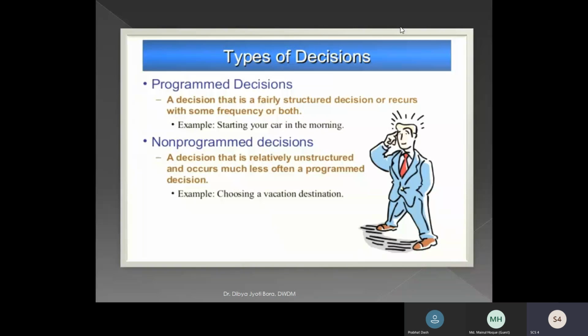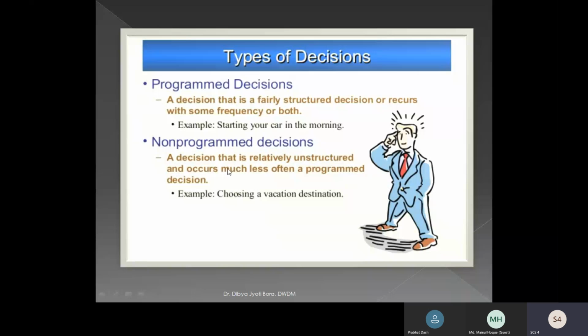Suppose once a year you plan your vacation, so only once or twice you will plan for that. You need to choose a place or destination where you spend your vacation, right? So that is not going to happen on a day-by-day basis. You won't plan every day that tomorrow we are going out somewhere. No, that is not going to happen.